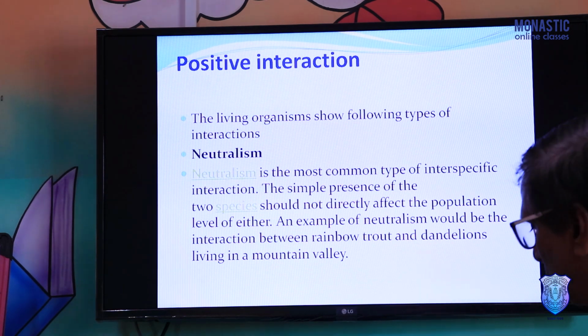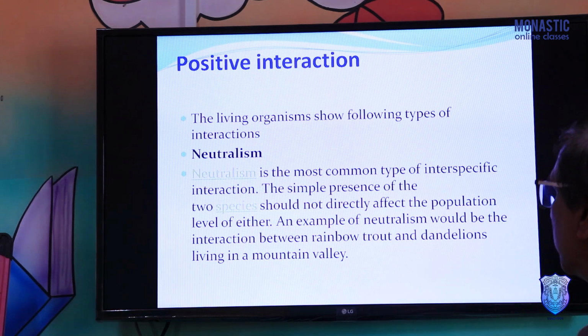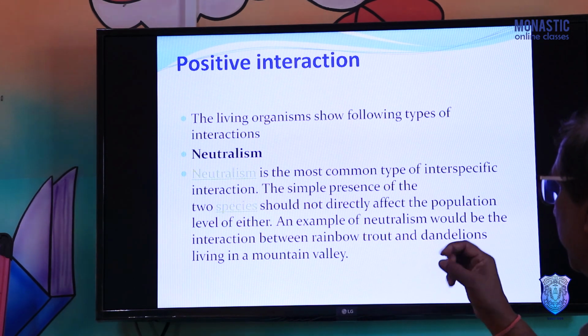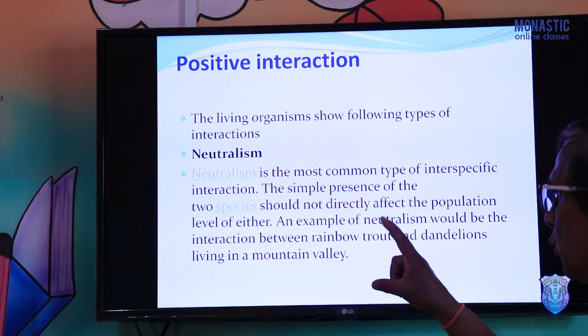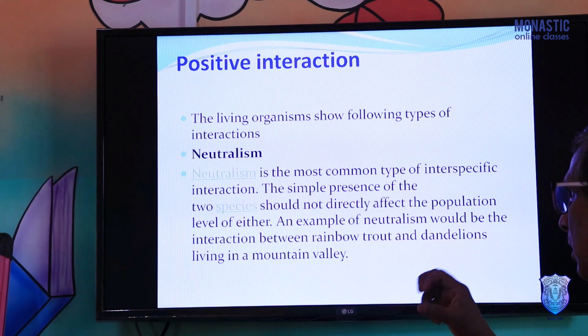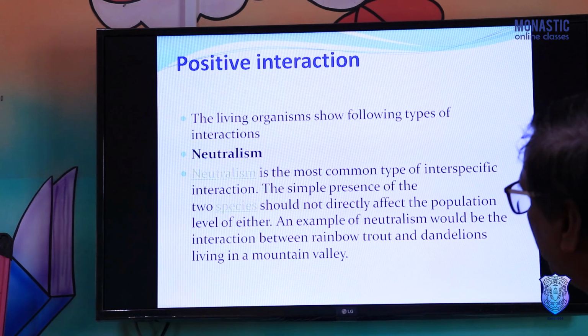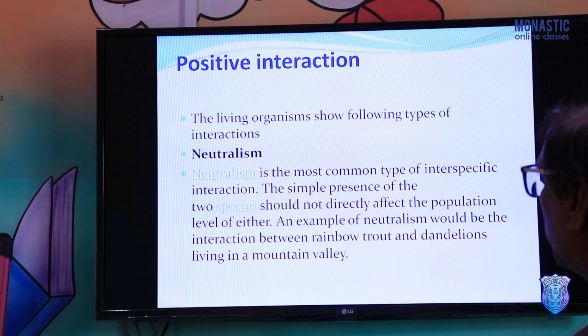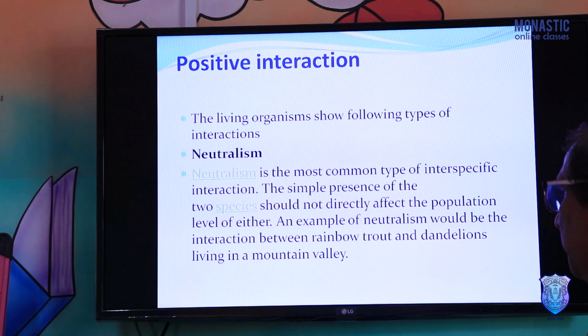Neutralism is the neutral type, and it is one of the most common types of interaction. In this interaction, two species simply live side by side, living together without any harm or any benefit.